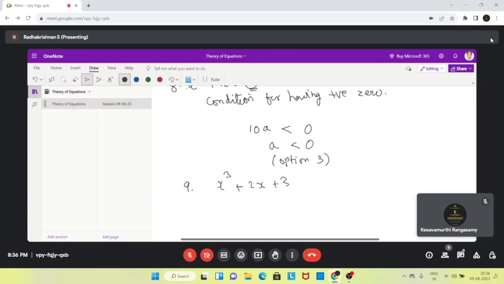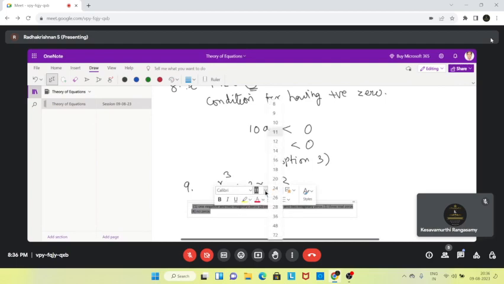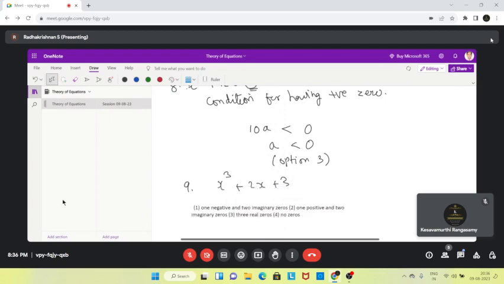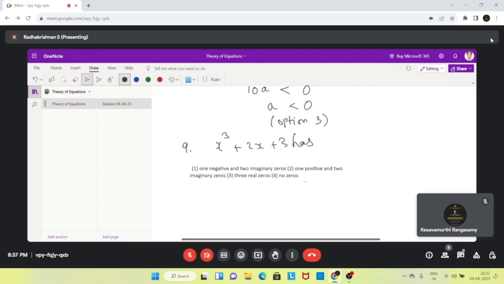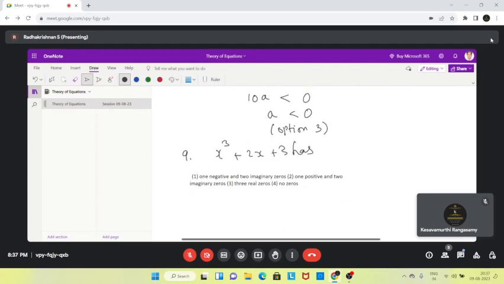Sir, this is again Descartes rule only. Has one negative and two imaginary zeros, one positive and two imaginary zeros, three real zeros, no zeros. So which option is correct? One negative and two imaginary, sir.